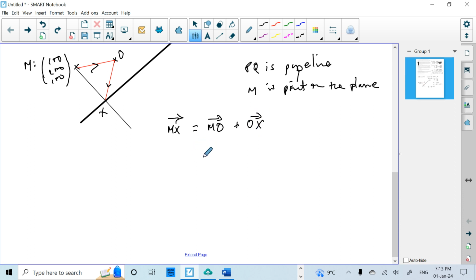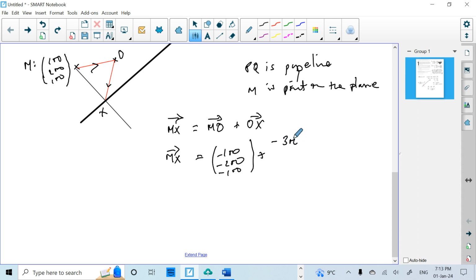That will give me MX equal to minus 100, minus 200, minus 100, and plus OX, which is minus, because you're going the opposite way, so everything's going to be negative.